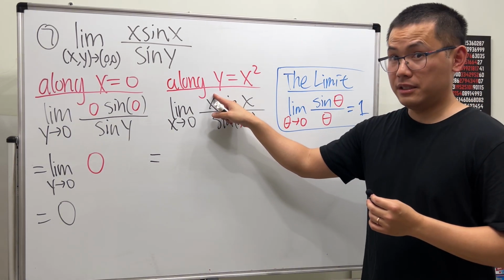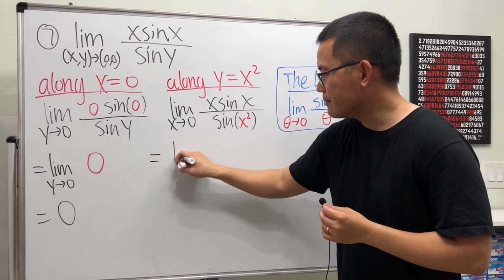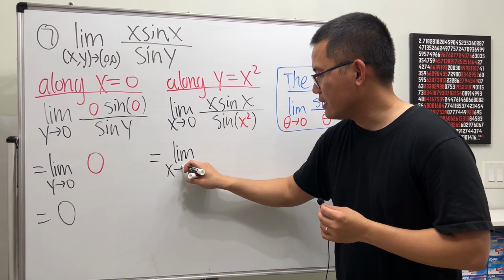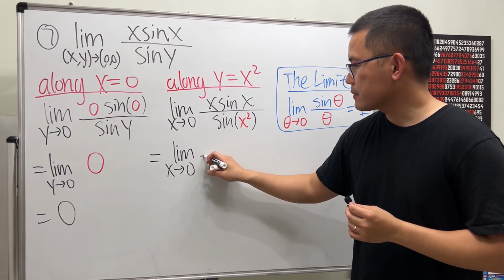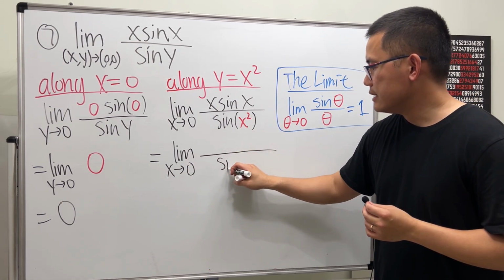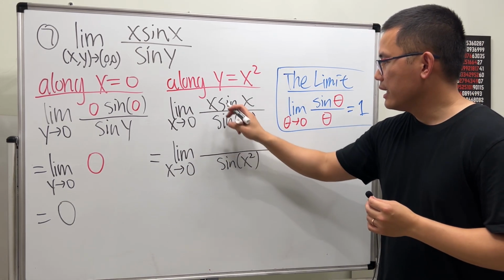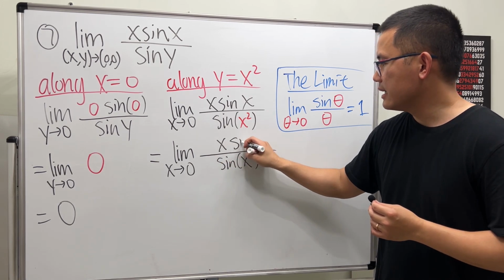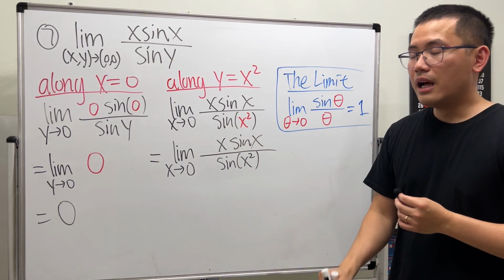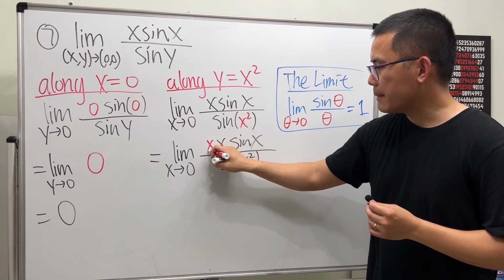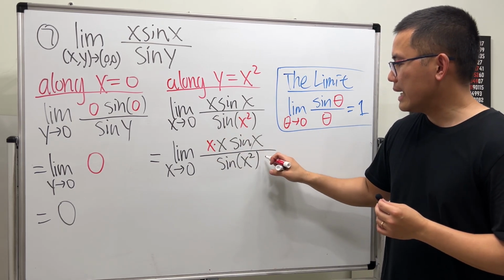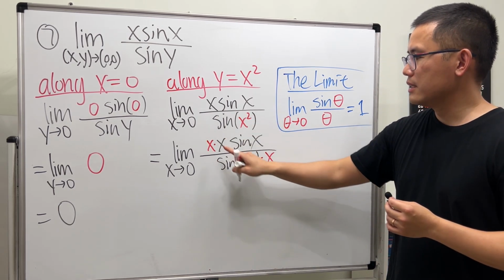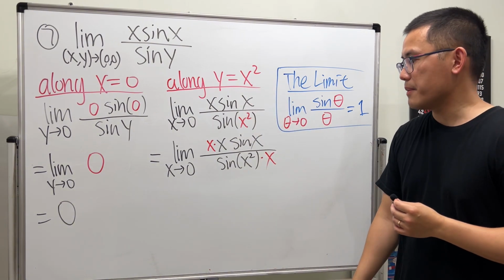But anyway, here I have x squared for the input. Let's have one more x here. So in order to do that, let's say x is approaching 0. Here we have sine of x squared, and then here we have x, and then sine x, right? I am going to multiply the top by x, but of course in the meantime, we will have to divide the bottom by x, so this and that are still the same.